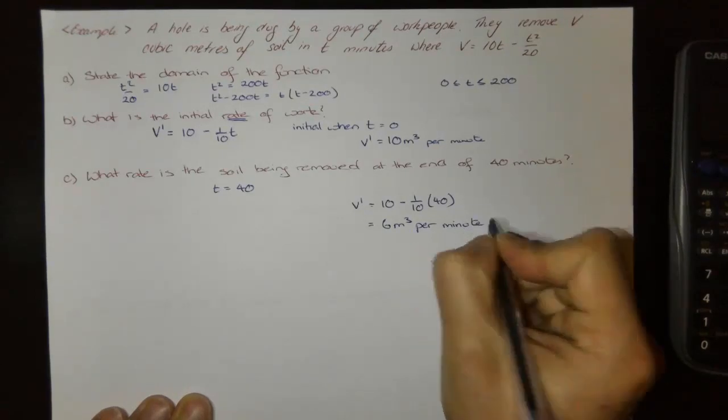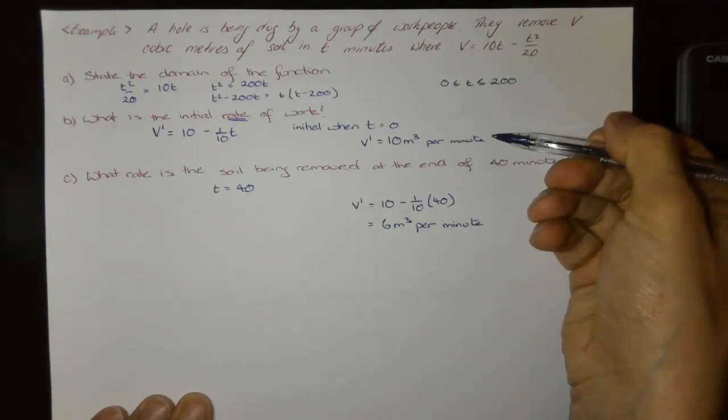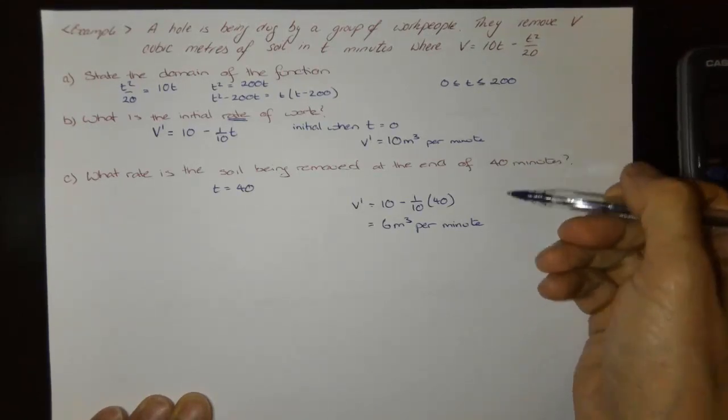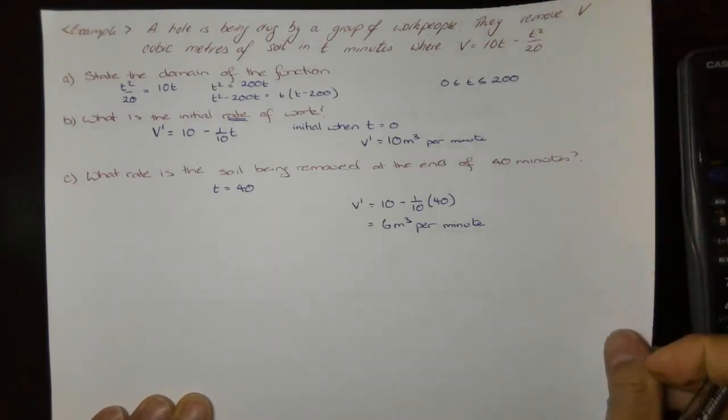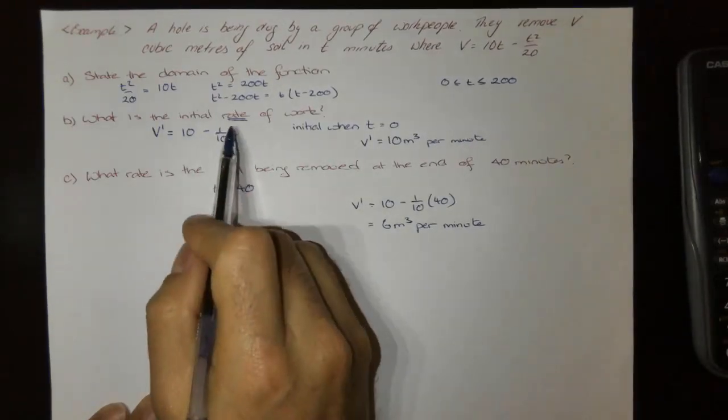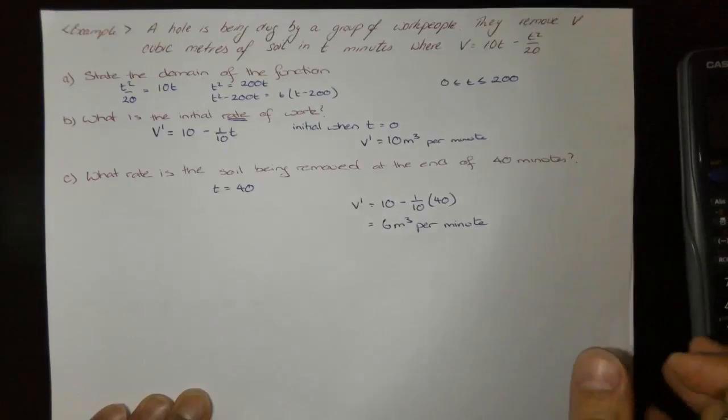And as you can see, from when the workers start to 40 minutes later, the rate at which they're working has changed. Okay. So that's the trick. So for the initial rate, we want to differentiate it.